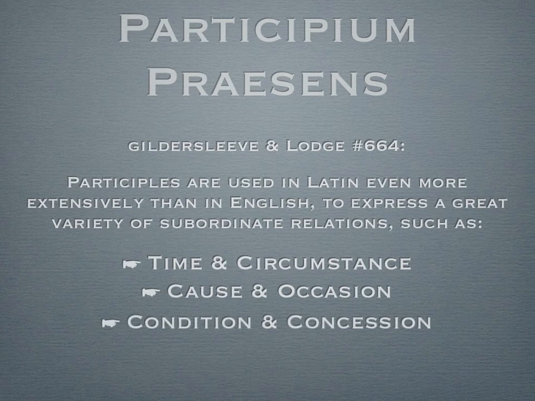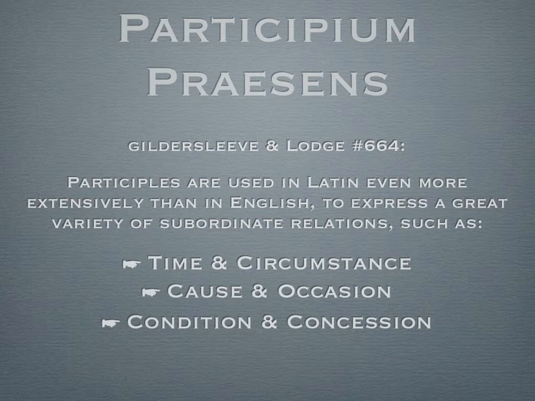Condition and concession: despite what the participle is telling us, the main verb happens. Even though the action the participle expresses is going on, the main verb happens. So we have circumstance, cause, and concession. Those three C's we can remember.